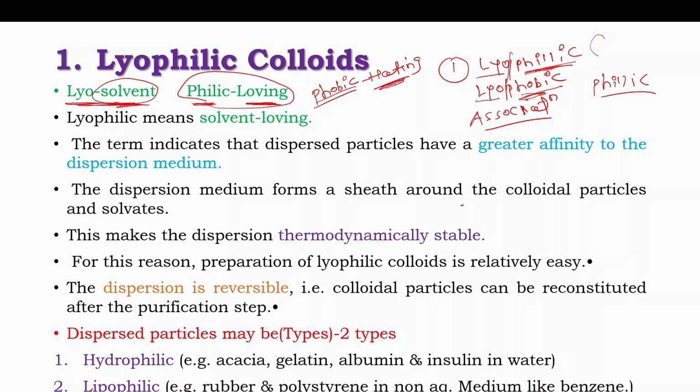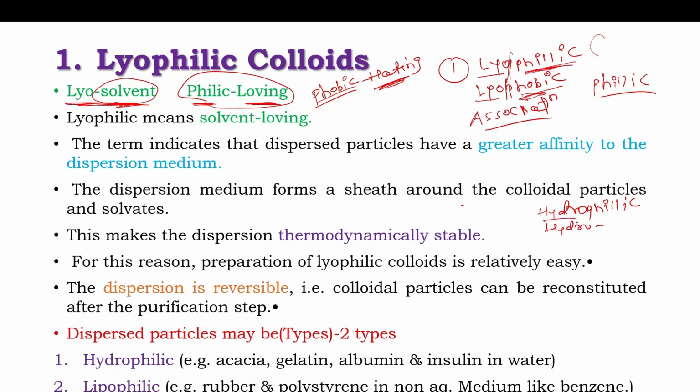So mainly when we study, you have studied earlier hydrophilic, hydrophobic. These definitions you have already studied. So mainly understand this thing so you can easily cover up this topic.